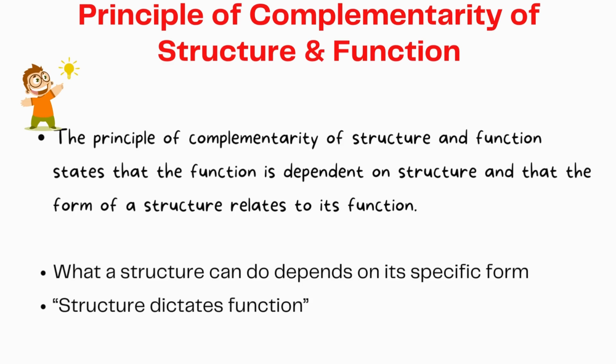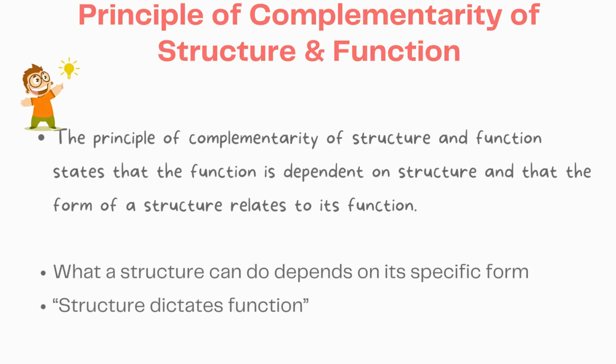The principle states that function is dependent on structure, and that the form of a structure relates to its function. What a structure can do depends on its specific form. The structure dictates the function.